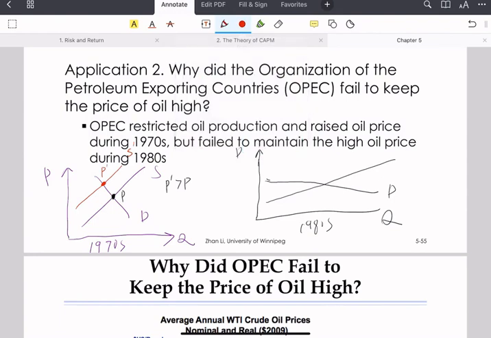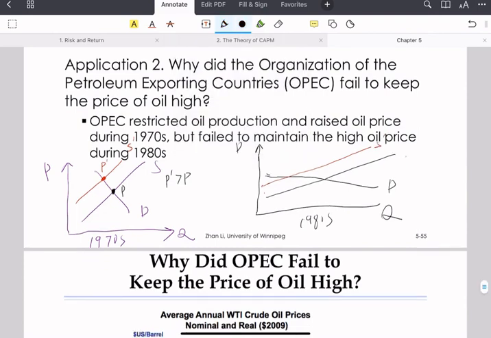In this case, even if you decrease your oil supply, the change in price will actually be small. So again, you can see that in the 1980s, we still could observe this higher price. However, the change in price is much smaller.